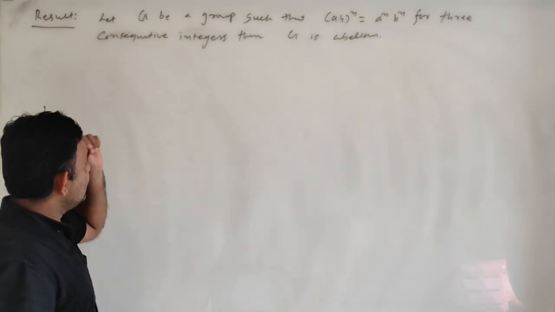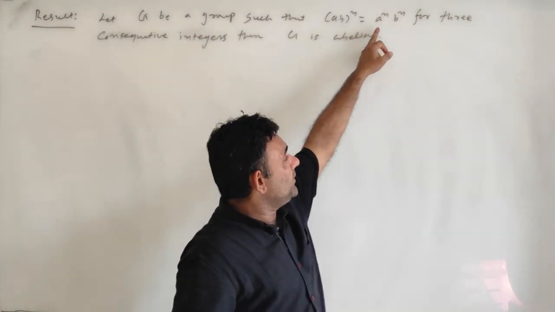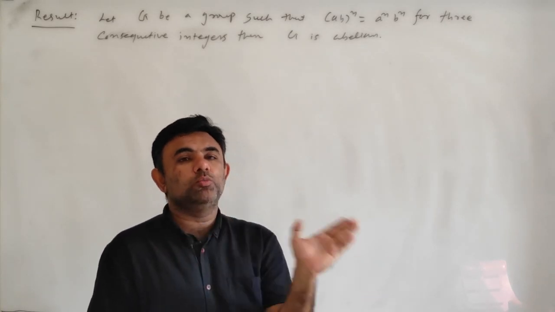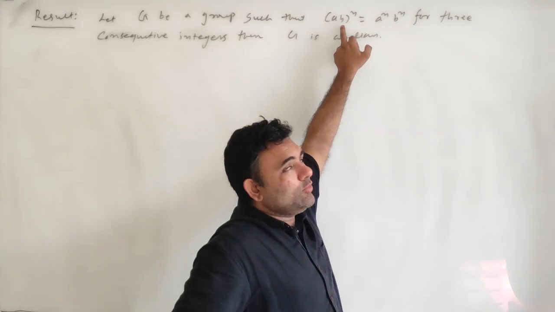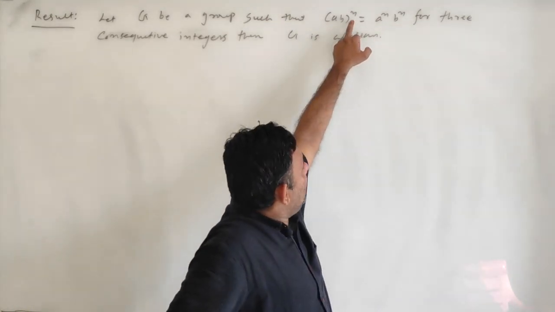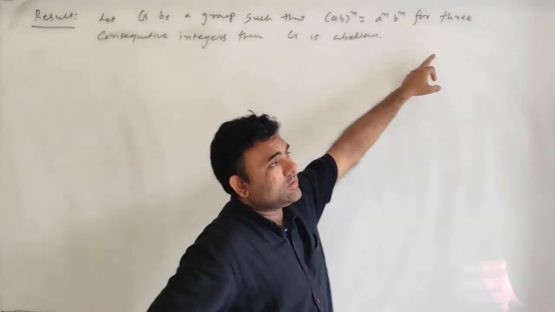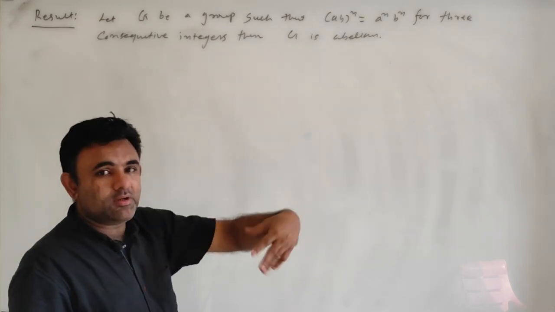So what this result says: suppose G is any group and (ab)^n is equal to a^n b^n, meaning you can distribute the n power to both the elements from left to right in the same order. Okay, this power n can be distributed, but for what? For 3 consecutive integers. Consecutive means one after another.